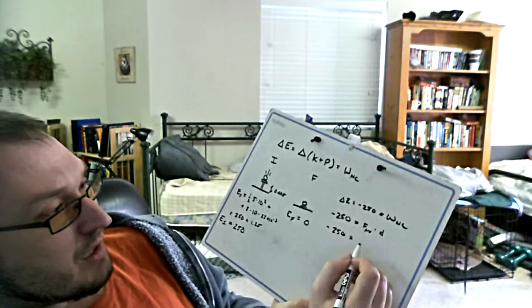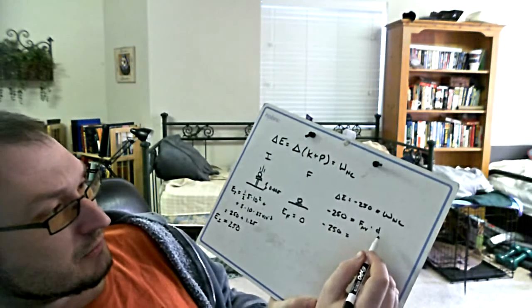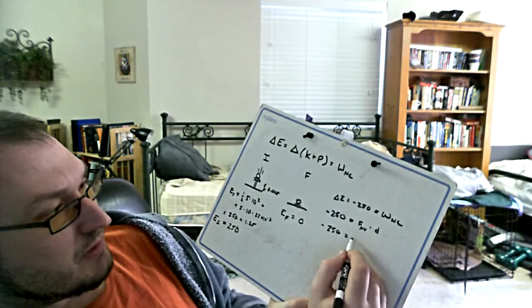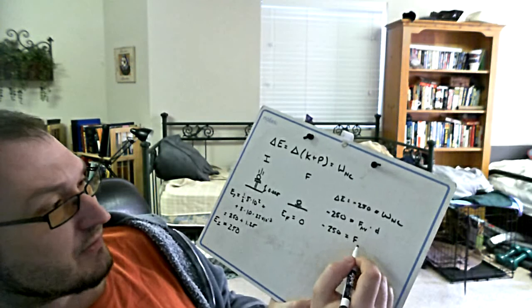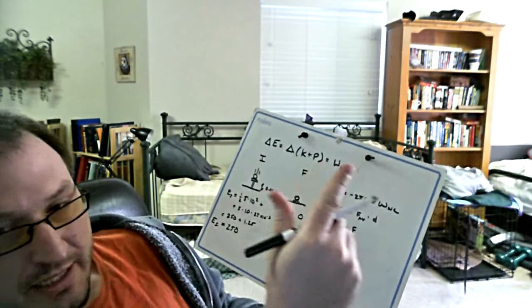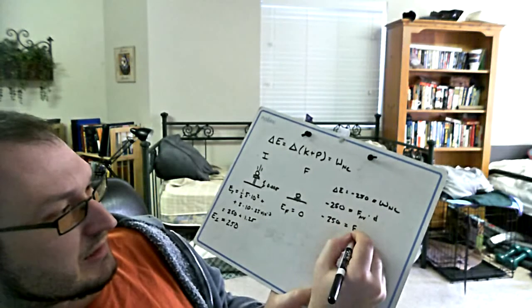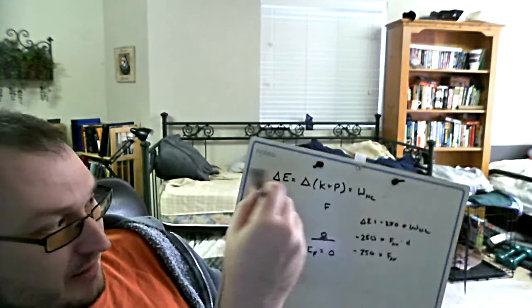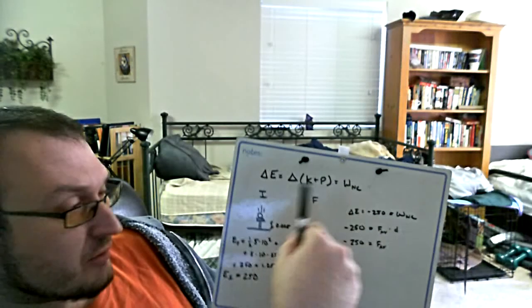Okay, so I have to pick if I want the distance going down or up. So let's say since the distance is going in the negative direction, my distance vector would be going down.